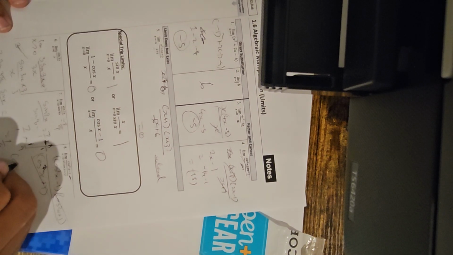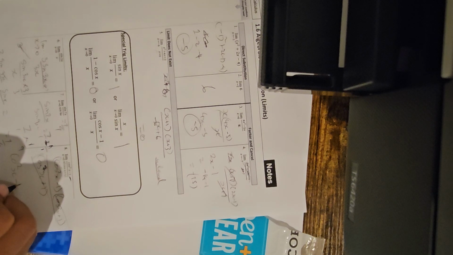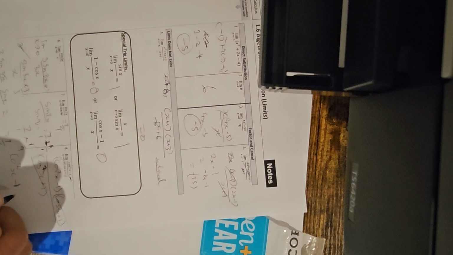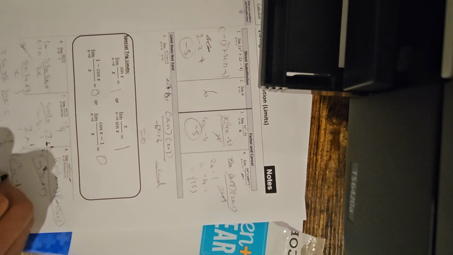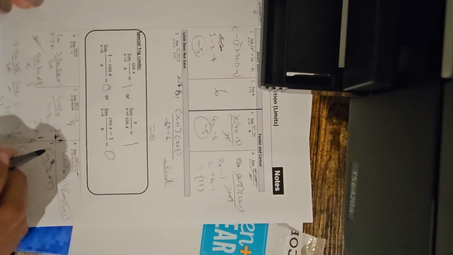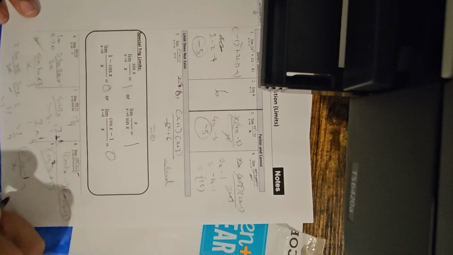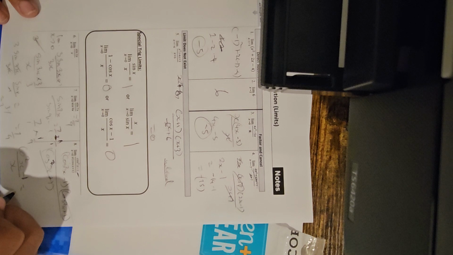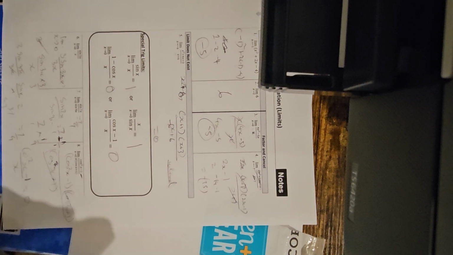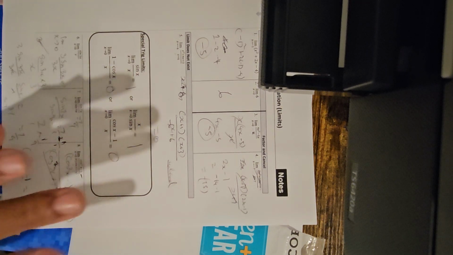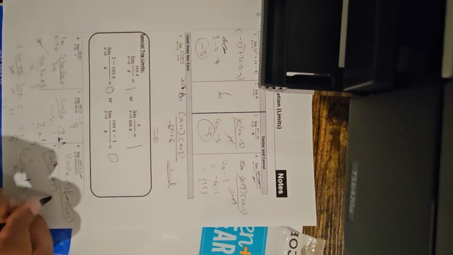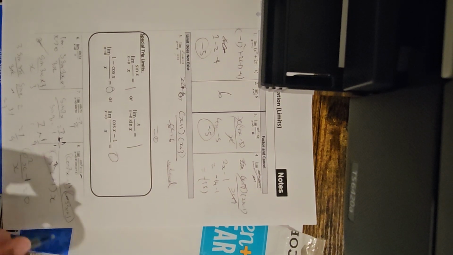We have cosine of x minus 1 over x. And because x is 0, that would equal 0. I'm going to take it like that. Okay, now we have x times cosine of x. Anyways, we're on to 1.7.